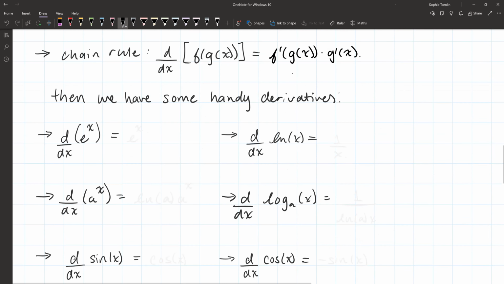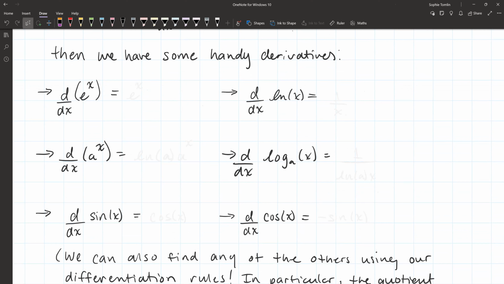And then we also have a few handy derivatives. The derivative of e to the x is actually just the same thing.